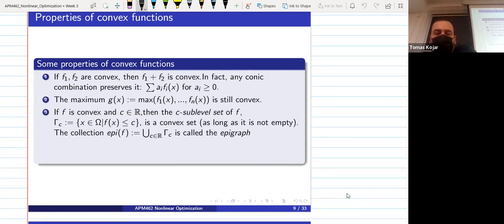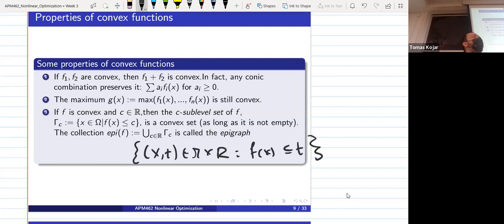So let me write it a little bit better here, because this is confusing. So you take all the x t in omega cross r, so that f of x is less than t.